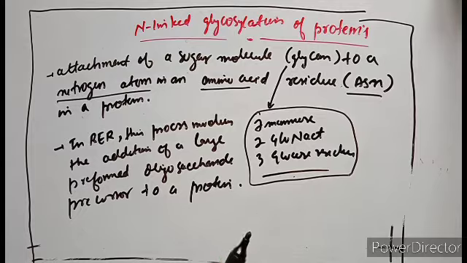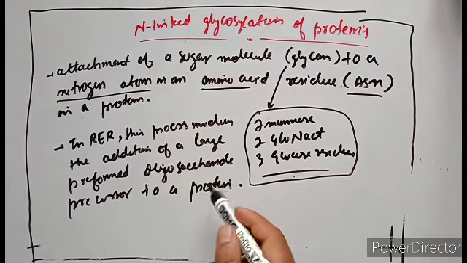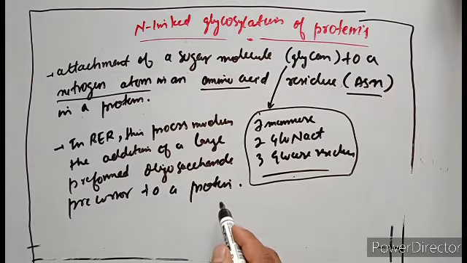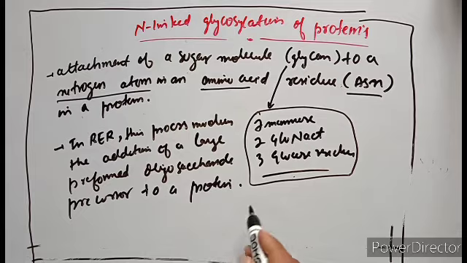So this precursor oligosaccharide is linked by a pyrophosphoryl residue to dolicol, a long chain polyisoprenoid lipid that is firmly embedded in the rough endoplasmic reticulum membrane.